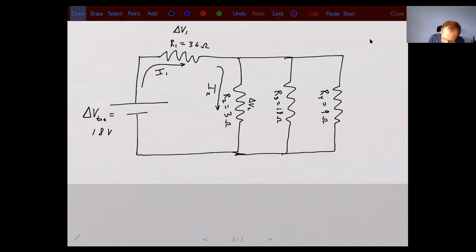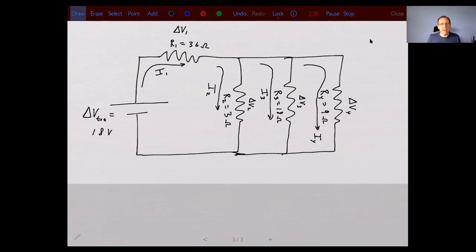Then the current going through the third resistor is going to be I3, and this voltage drop will be delta V3. And then the current going through there, that'll be I4, and this voltage drop will be delta V4.